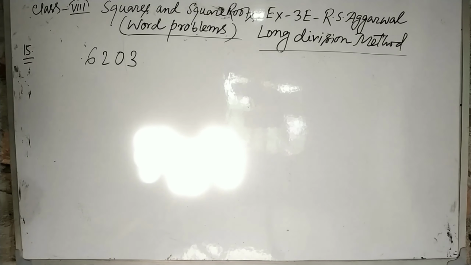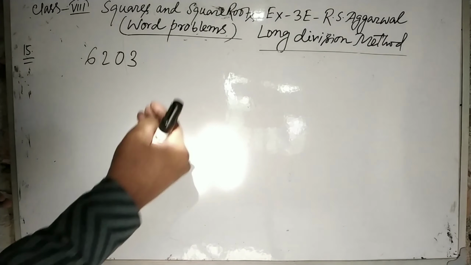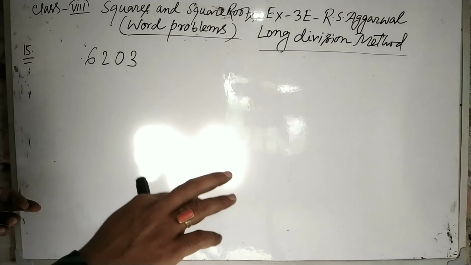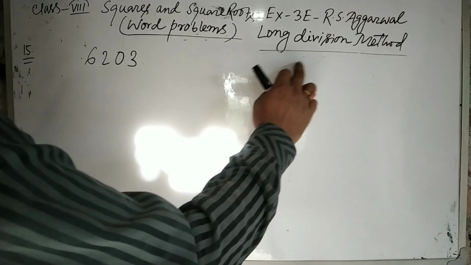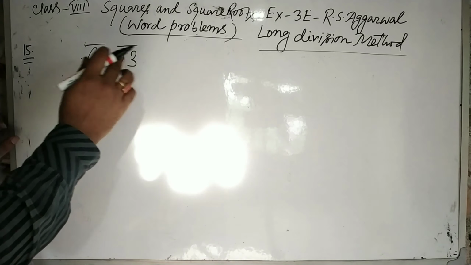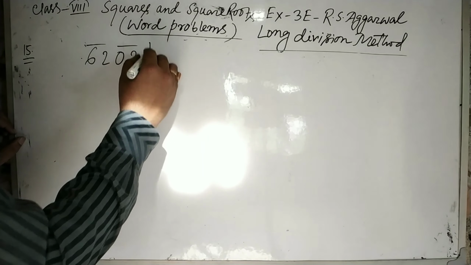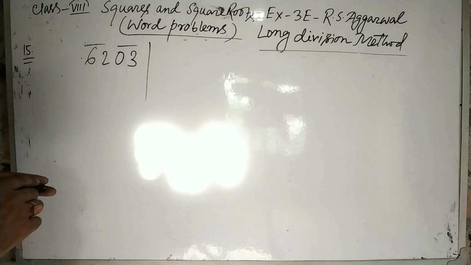Okay. Similarly, we have to use long division method because the question says addition or subtraction. For these two cases, we'll have to use long division method. Make the group of two numbers from the end. 03, 62. Okay. 62. This is not a perfect square number.